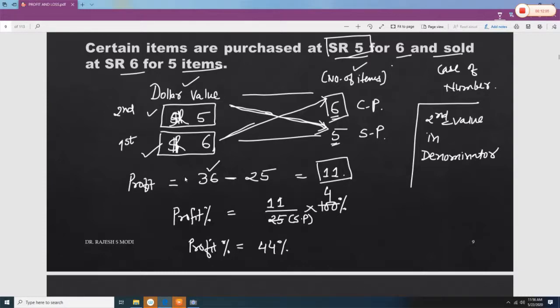Now this profit is coming in terms of number, so it becomes a case of a number, and we know in case of a number we are always dividing with the second calculation. So 36 minus 25, divided by the second calculation, that is 25. So that is the easiest way to understand. So 11 into 4, divided by 25, so you are making 44% profit.